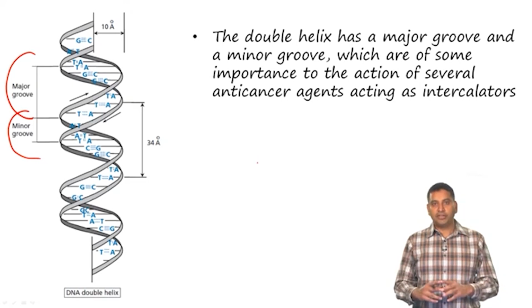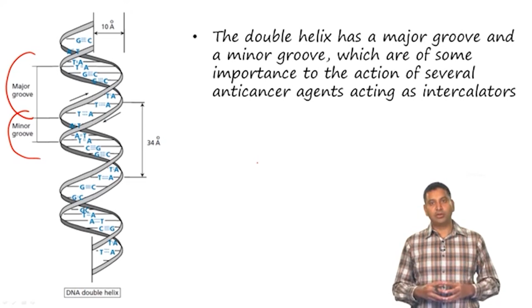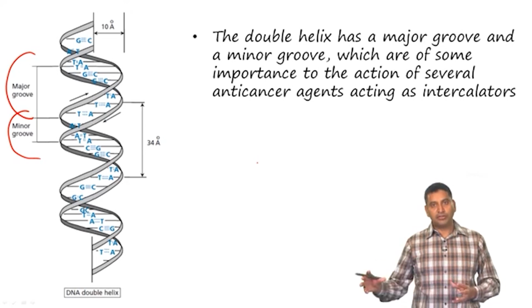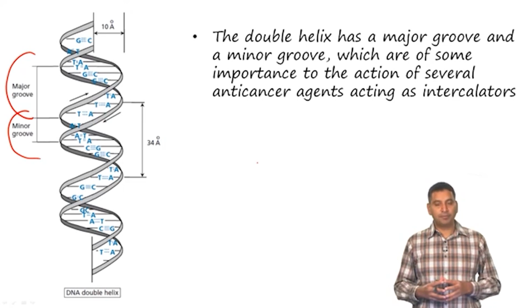These are important when we are looking at certain anti-cancer drugs, which are known as intercalators. We will discuss this in detail later on in the course, but what these do is that they can bind to the major groove or the minor groove and destabilize the DNA and prevent the cancer cell from replicating.